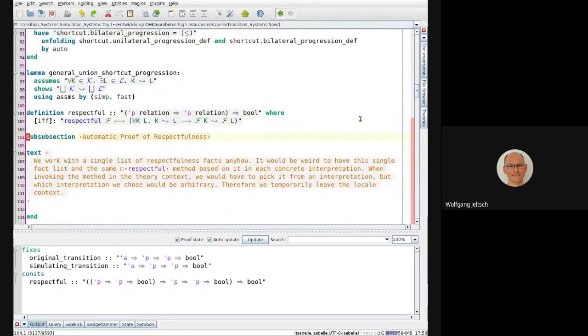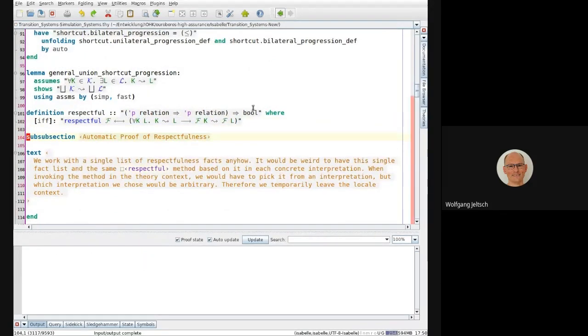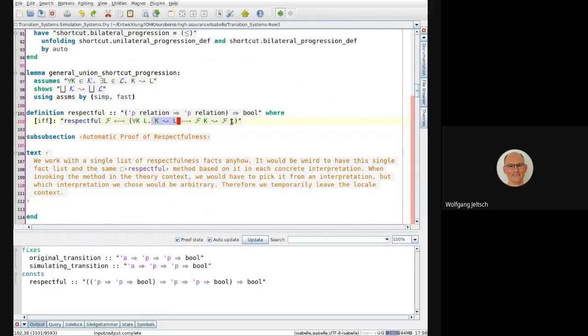So this is respectfulness. And now if f is constant equality, it means, okay, if k progresses to L, then equality progresses to equality. And as you might guess, that precondition that k progresses to L is not really useful for showing that on the right-hand side. So constant equality is respectful if equality shortcut progresses to itself.